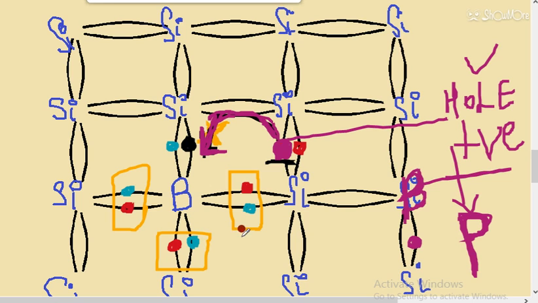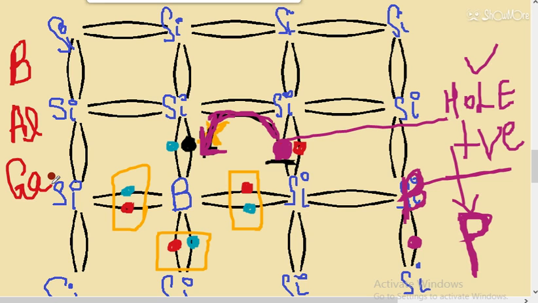To get the p-type semiconductor, you will dope which impurity? You can dope silicon, a group number 14 element, with boron, aluminium, or gallium. You can see some other elements also that belong to group number 13.